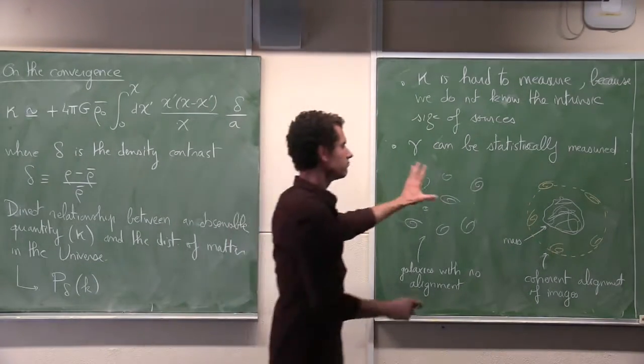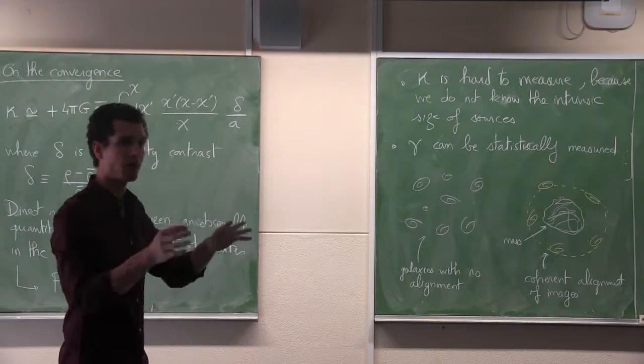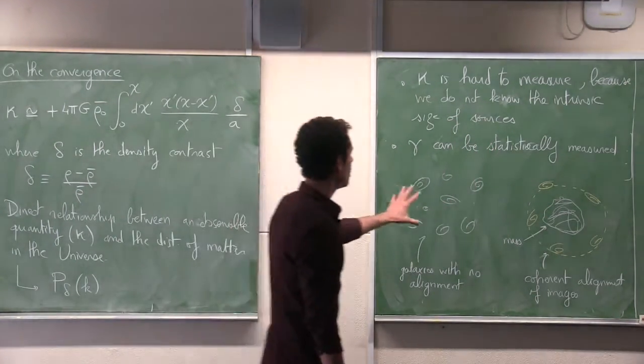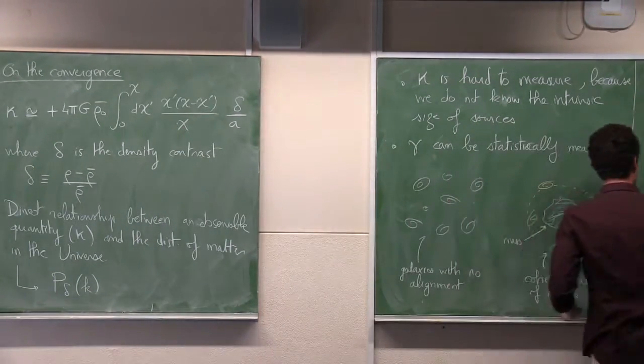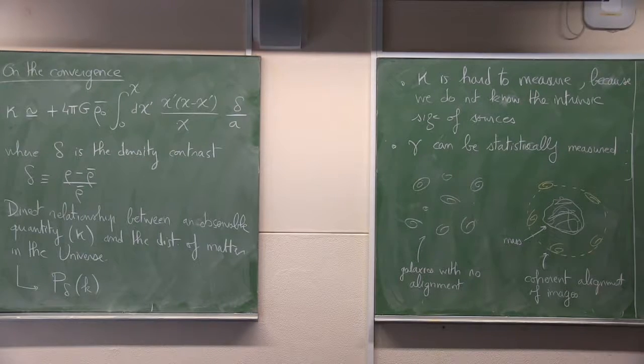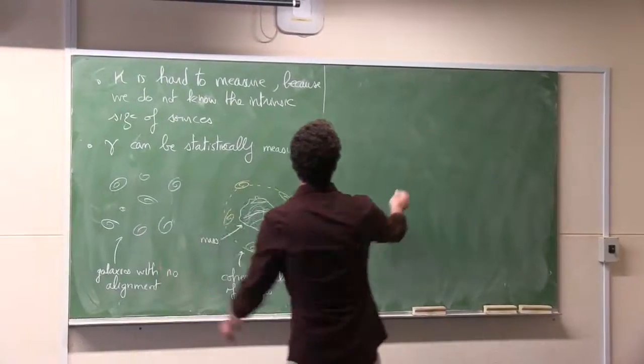Using this intuition, what you can also do is calculate the power spectrum of shear. So you calculate the power spectrum of the observed ellipticities, and that gives you the power spectrum of shear.